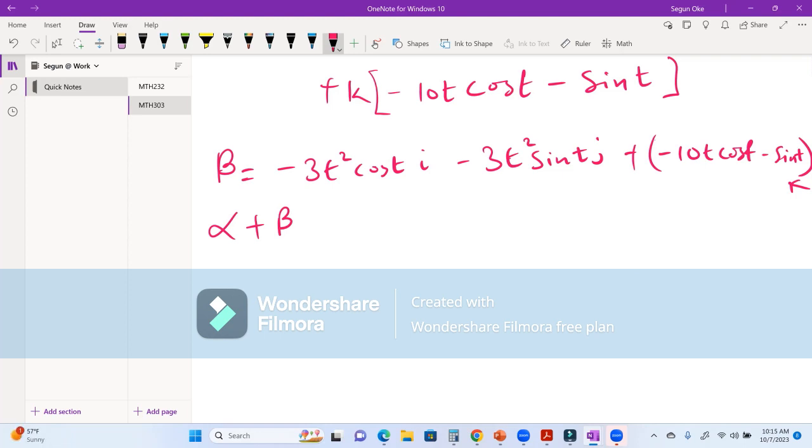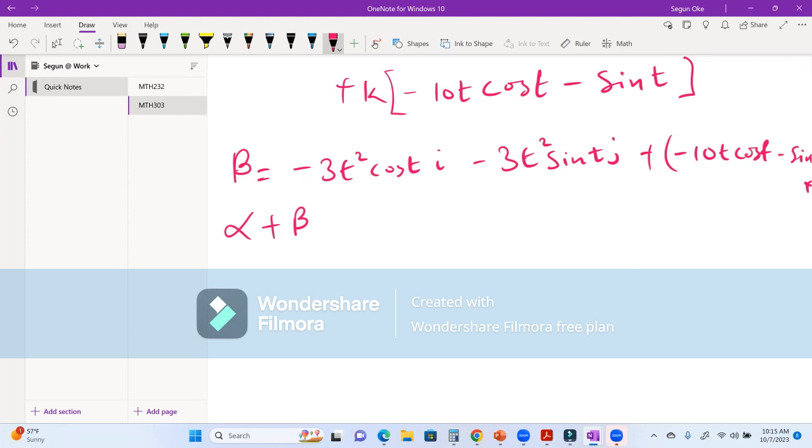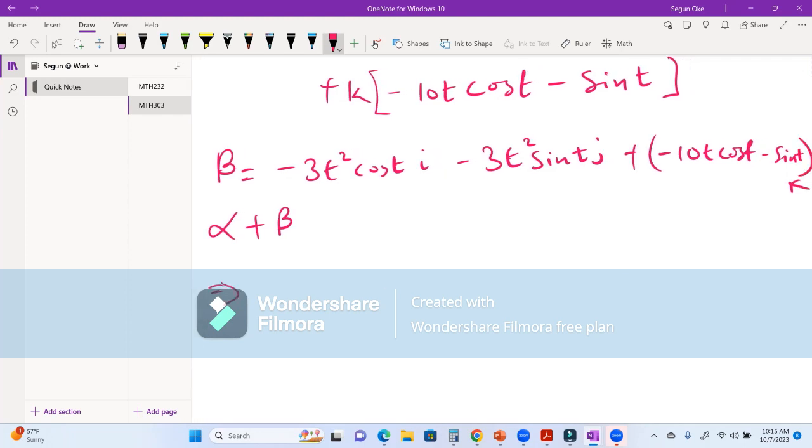Alpha is t cubed sine t i, minus t cubed cos t j, plus 5t squared sine t minus t cos t.